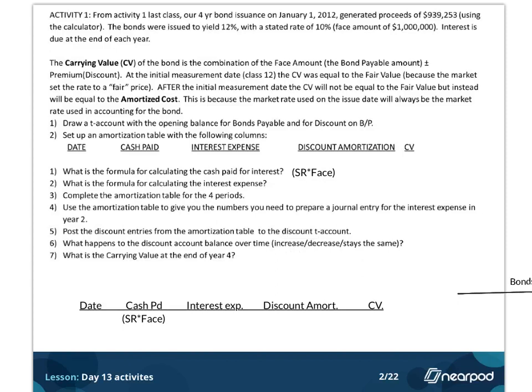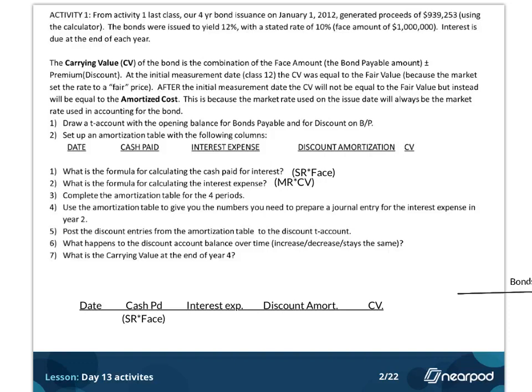The next question says, what's the formula for calculating interest expense? Here we talked about the fact that we're going to use what's called the effective interest method. The effective interest method uses the market rate times the carrying value. We just had a little explanation about what the carrying value is, so that shouldn't be a mystery.